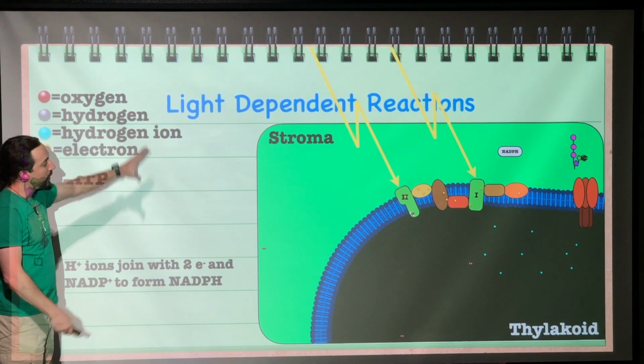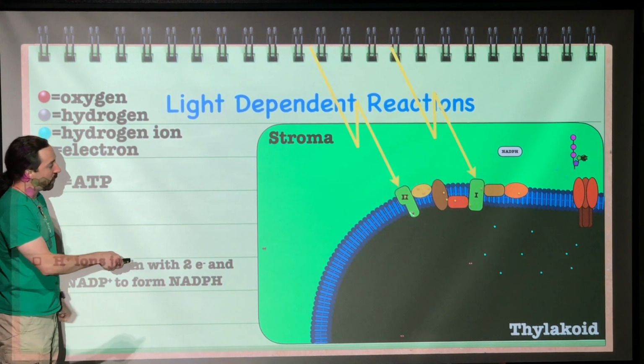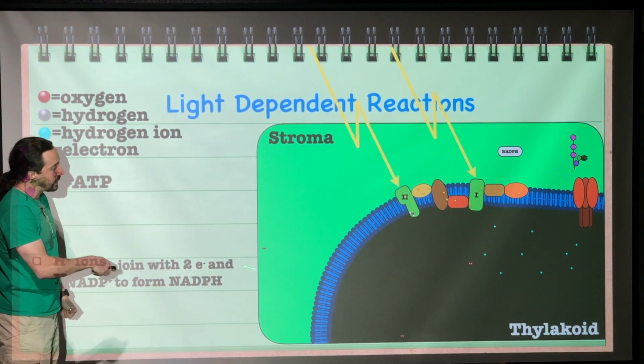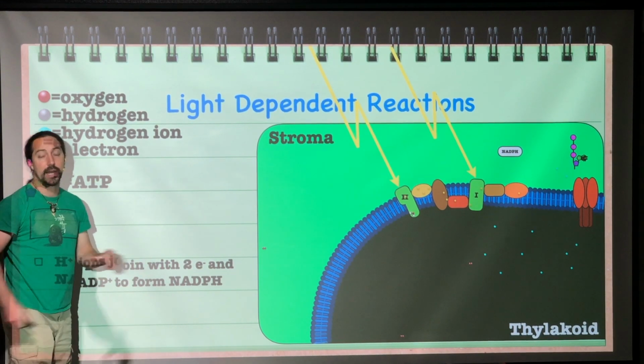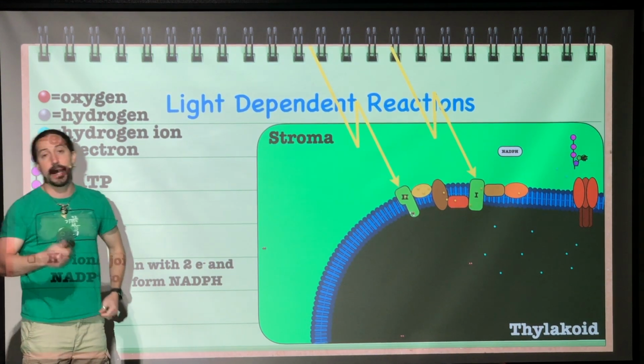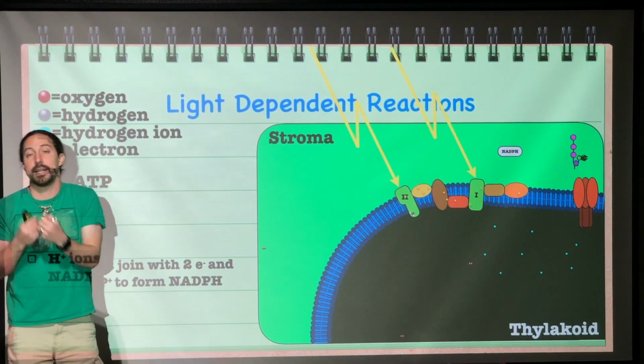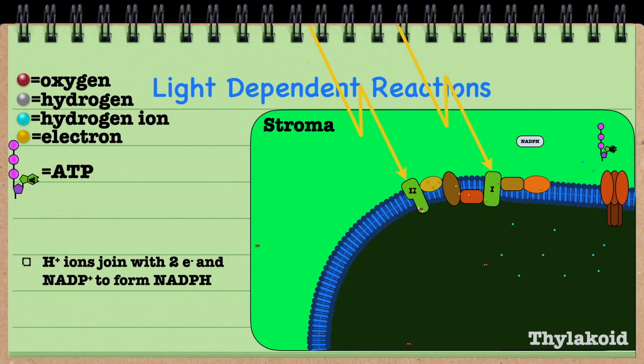All through the breaking down of water, releasing oxygen, and building up that hydrogen ion concentration. That is one of the main ways the chloroplast is able to produce these energy-carrying molecules.